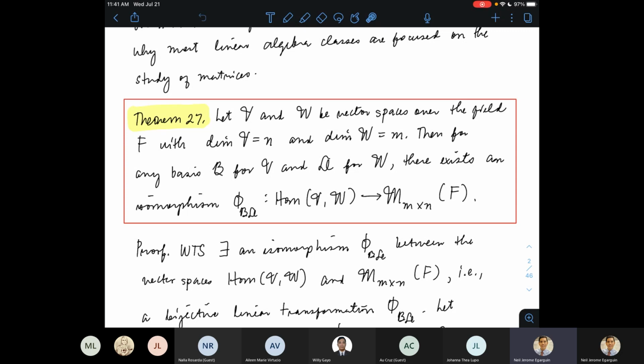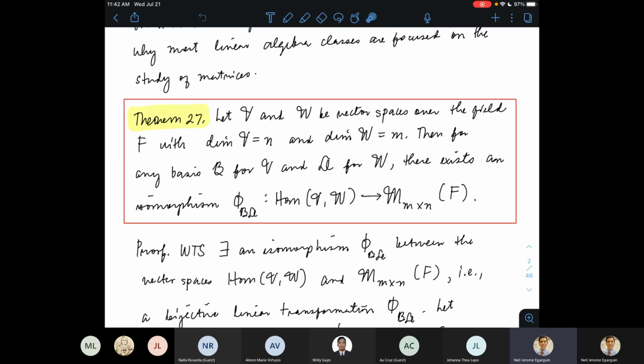So in all that is to follow, we will assume that the vector spaces are finite dimensional. So V has dimension n and W has dimension m. Then we will select a basis, call it B for V, and a basis D for W. Then with those choice of bases, there will exist an isomorphism between the set of all homomorphisms onto the set of all matrices, and let's call that isomorphism phi sub BD.